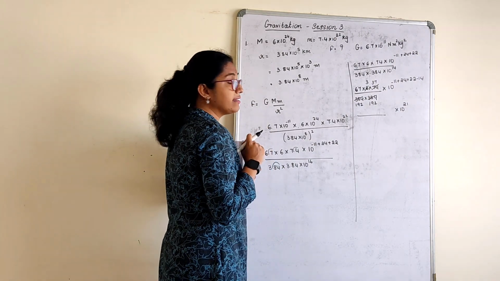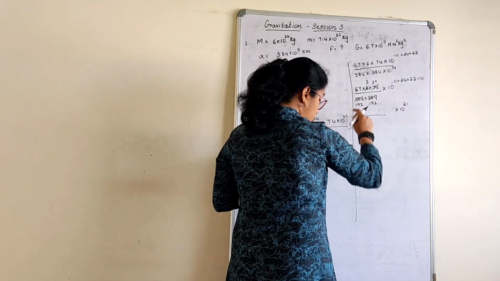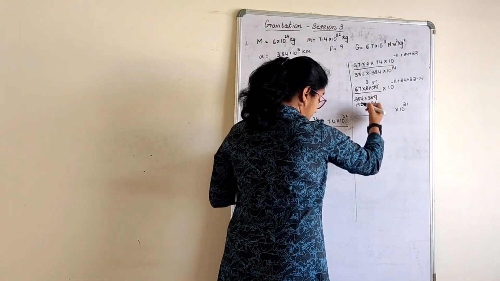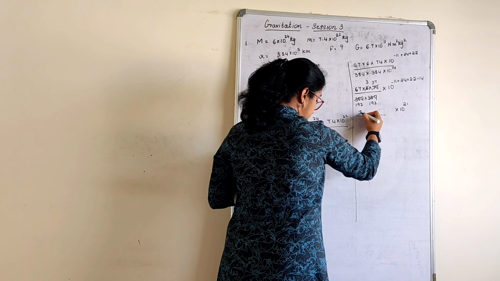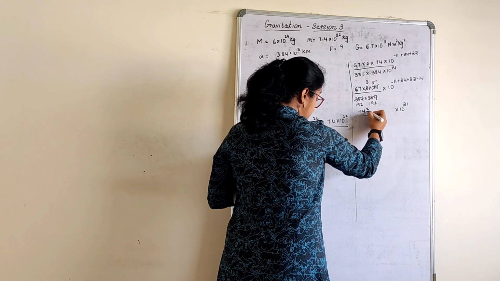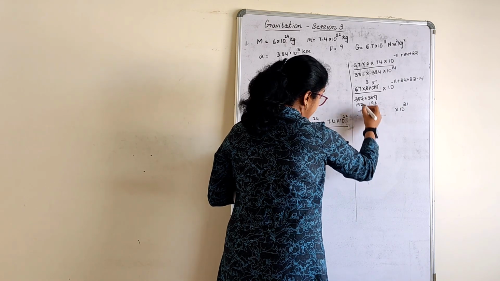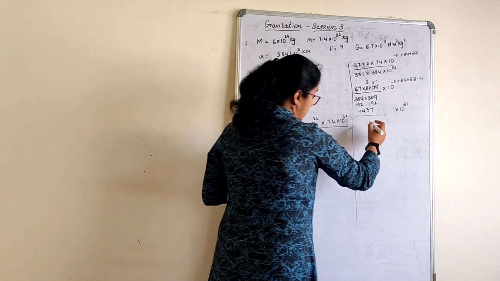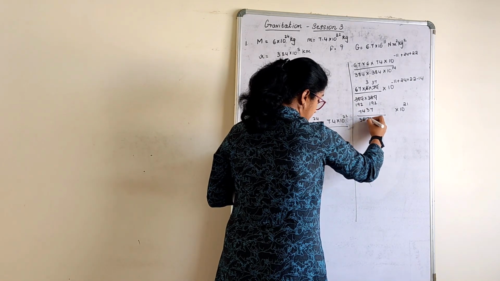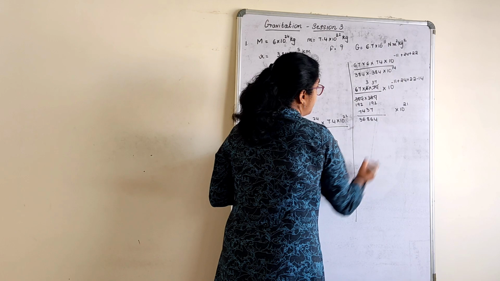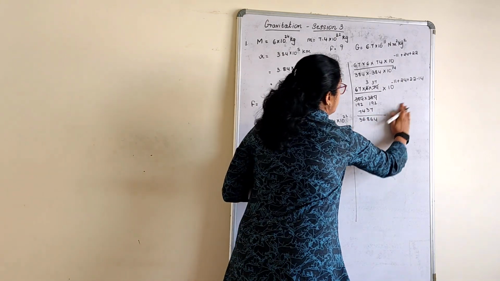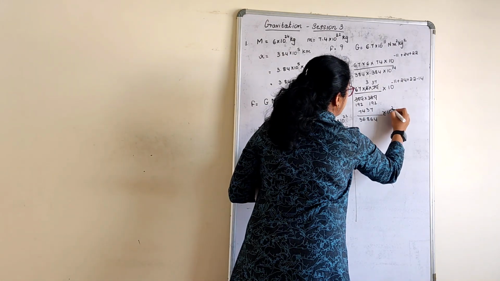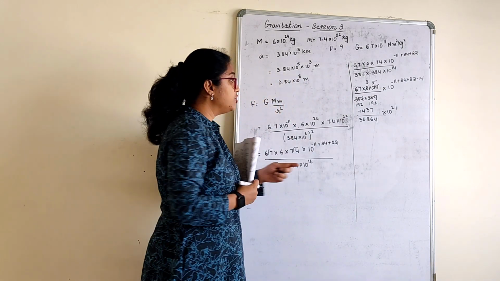In the denominator we have 192 into 192. Just multiply that. The numerator, when you multiply, you will get 7437, divided by 192 into 192, you will get 36864 into 10 raised to 21.